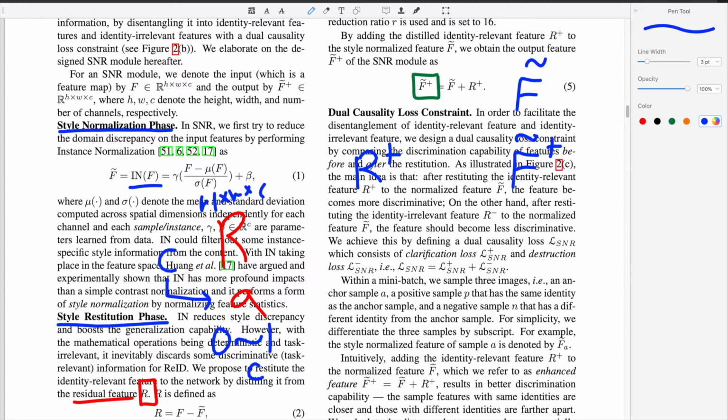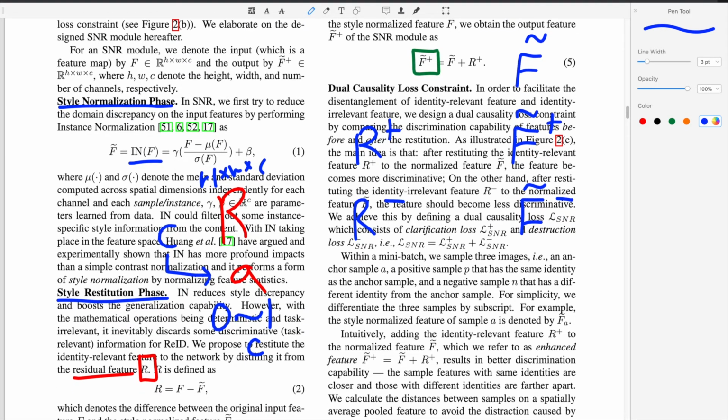But on the other hand, when we introduce R minus to the F squiggly and obtain F squiggly minus, we expect this to be less discriminative in terms of ReID. So this expectation can be explicitly regularized in the network training through a dual causality loss.